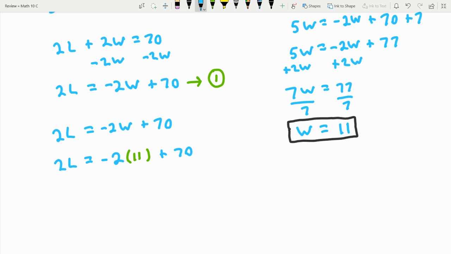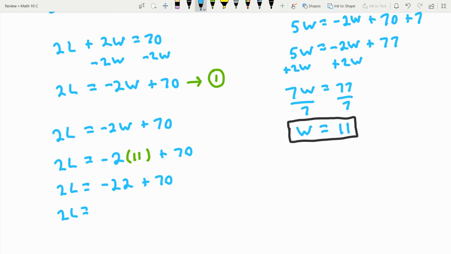So now let's simplify. I would have 2L equals negative 2 times 11, and negative 2 times 11 would be negative 22, and then plus 70. So now I have 2L equals negative 22 plus 70. Let's simplify for the like terms. Now what's negative 22 plus 70?